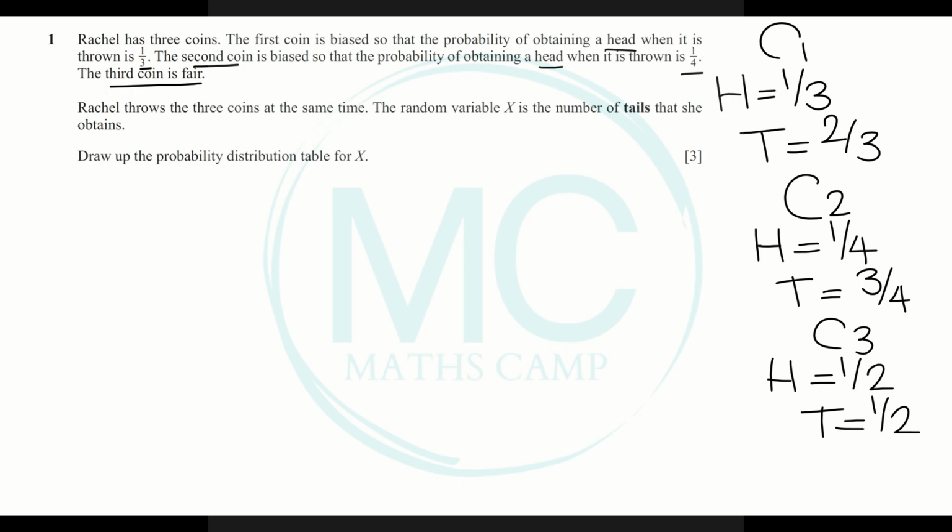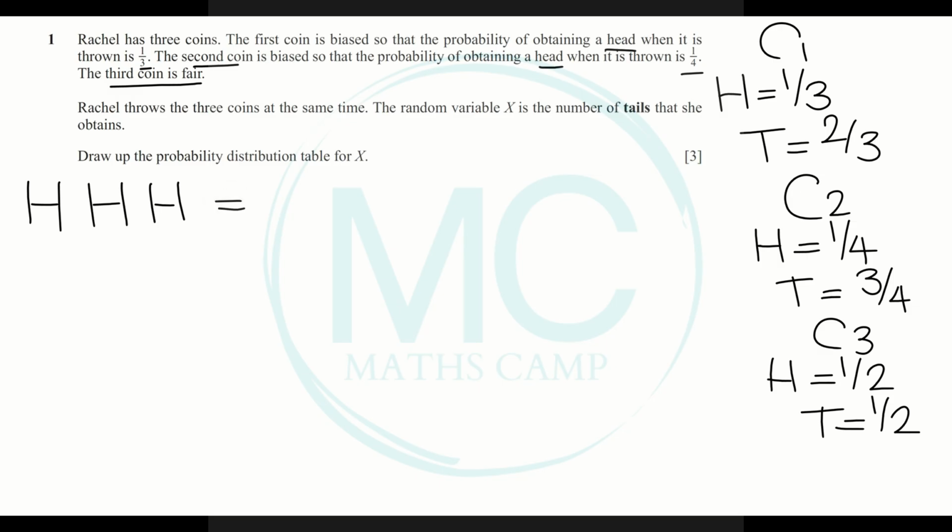If all 3 of Rachel's coins do not land on tails, that means that all 3 land on heads. So we get heads from the first coin, and heads from the second, and heads from the third. Because we have a head and a head and a head, we need to multiply the respective probabilities together.